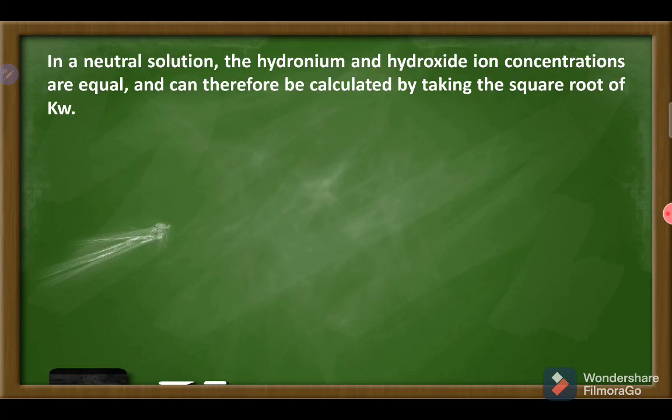In a neutral solution, the hydronium and hydroxide ion concentrations are equal and can therefore be calculated by taking the square root of the constant. So we have Kw is equal to the hydronium ion and the hydroxide ion.